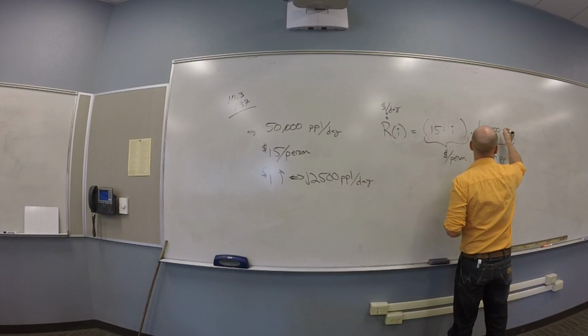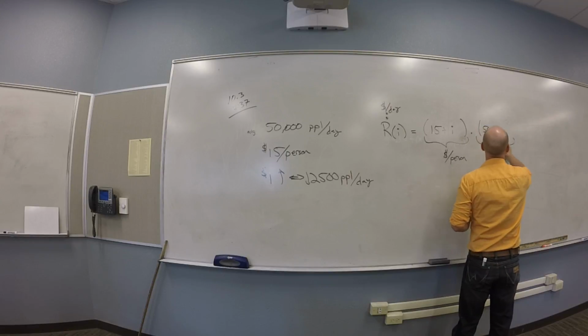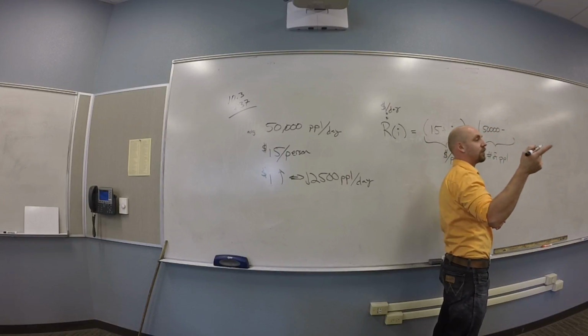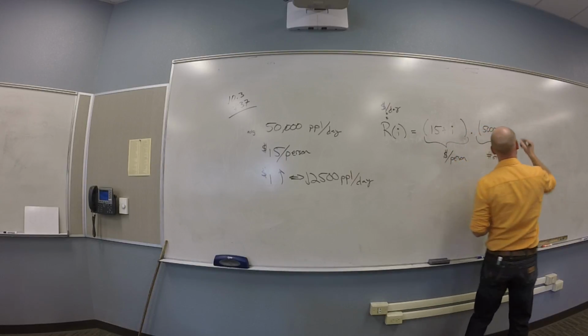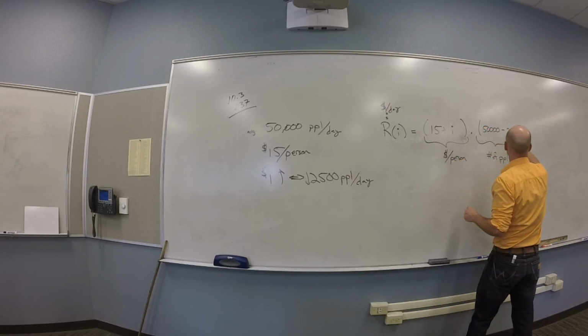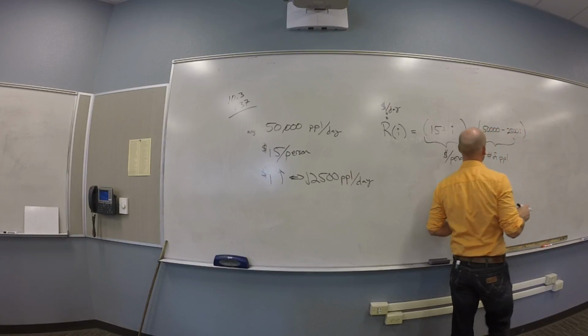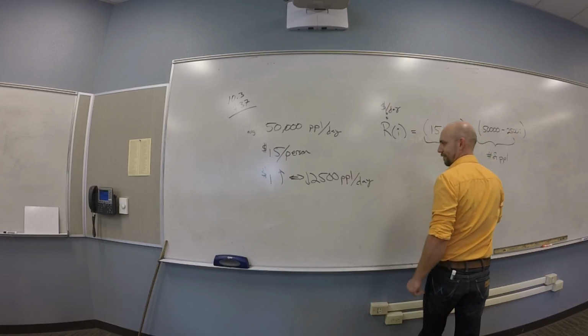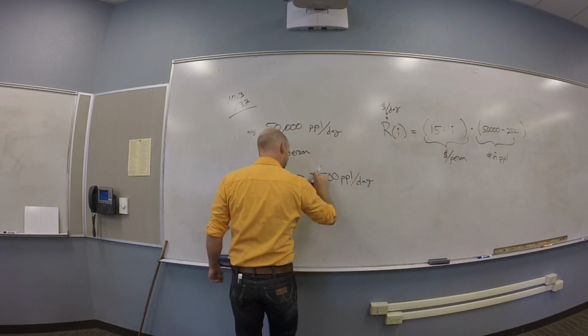Minus 2,500 I. Oh, and then it's not 50,000 anymore because you raised the ticket. So you're going to lose how much? 2,500 times I. Oh, that's a down arrow. It looked like 12,500.